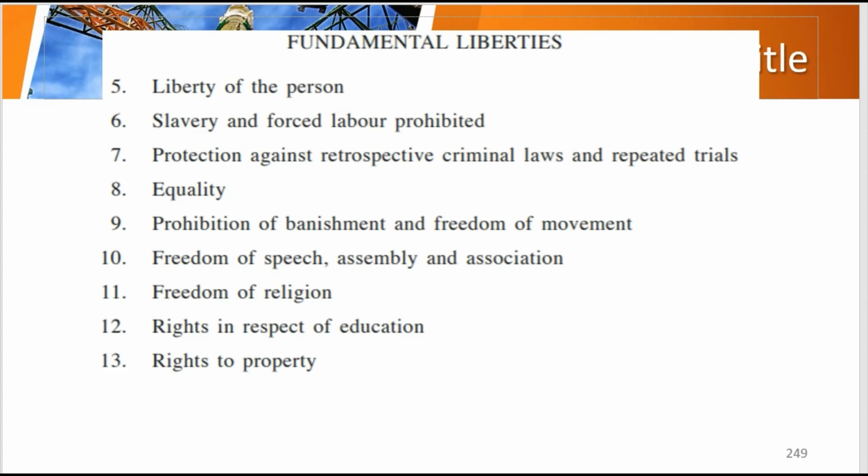Then protection against, this might not be relevant, but Article 6, slavery and forced labor, is something among the fundamental liberties guaranteed in our Federal Constitution.